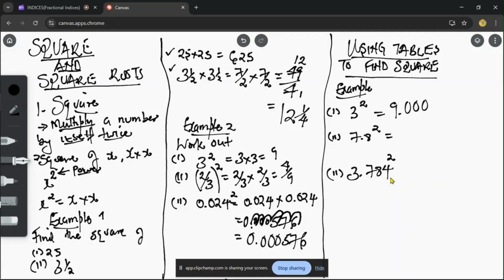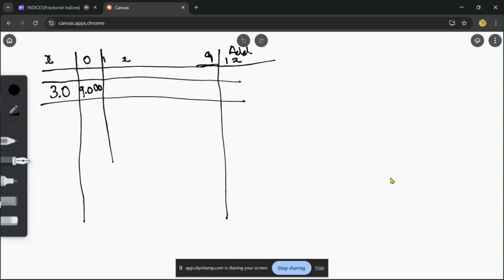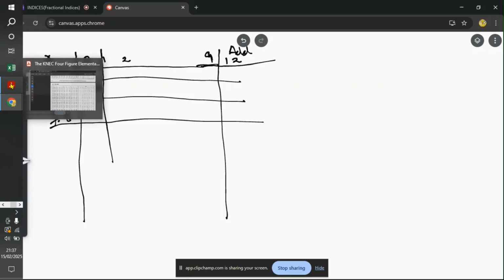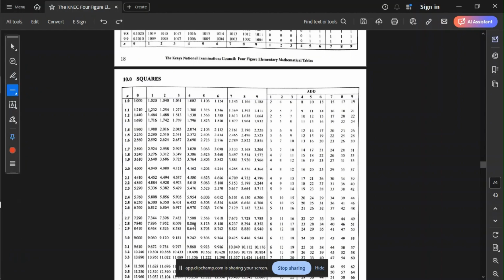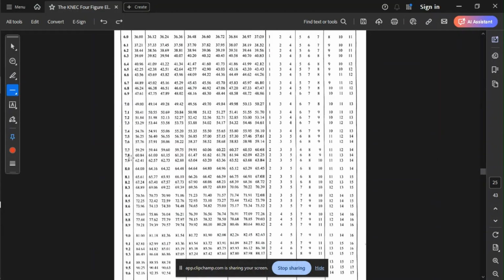Now, what about the second one? I'll do the same thing. I will go to my table, and in the second part, I take 7.8. Because it does not have any other number here, I'll get the value that lies here. So in my table, I want to read 7.8. 7.8 is somewhere here, and you can see the value that is here is 60.84.